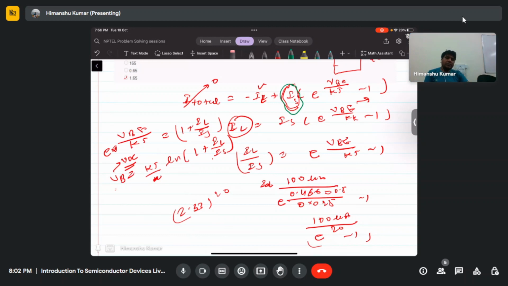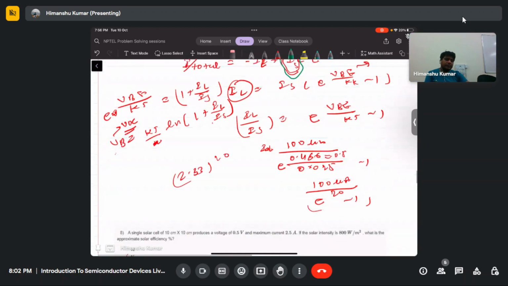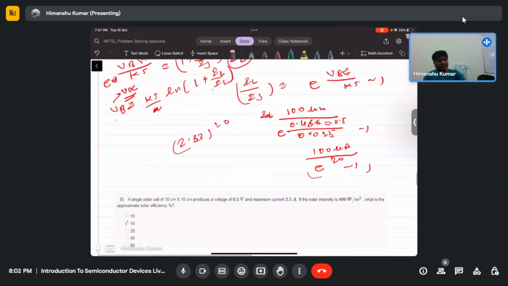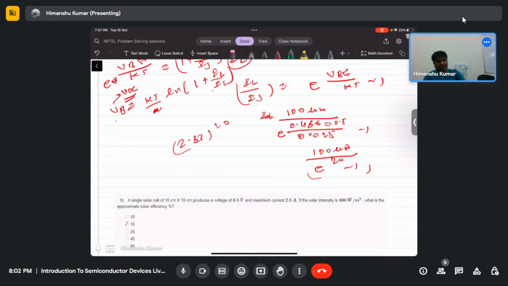After we derive the VOC equation, we need to modify this equation so that we can find IS. So IS is equal to what you have written, the final 100 microampere. IS will be IL by exponential of VBE by kT minus 1, right?